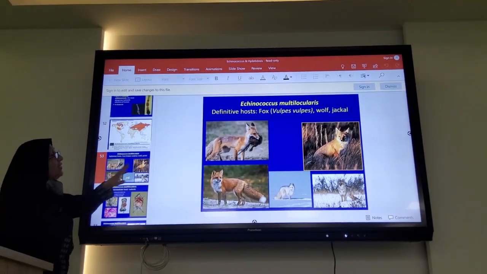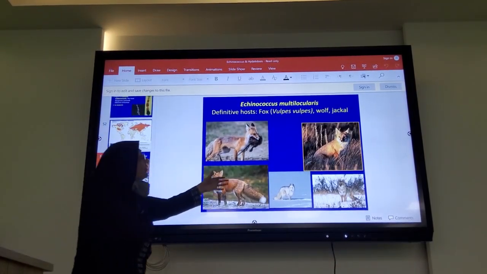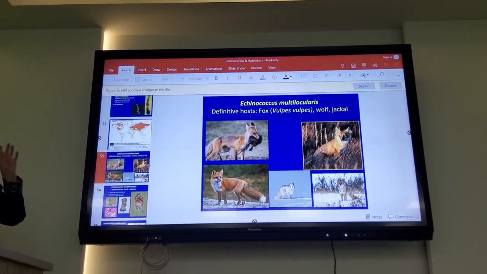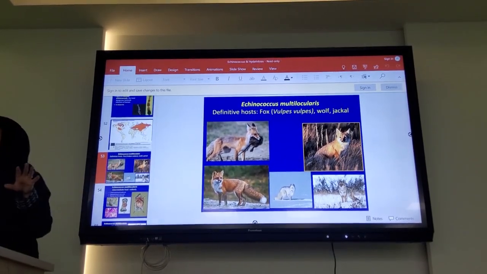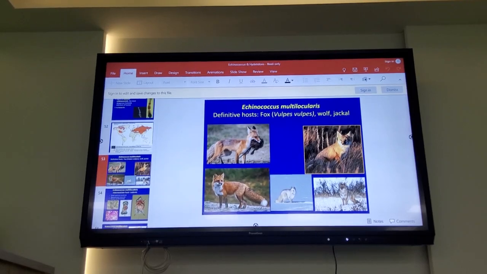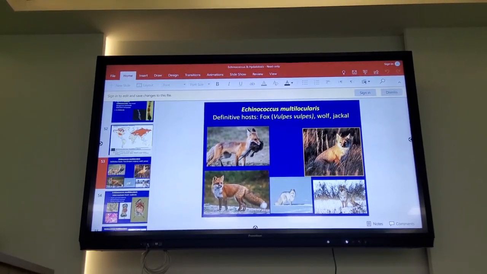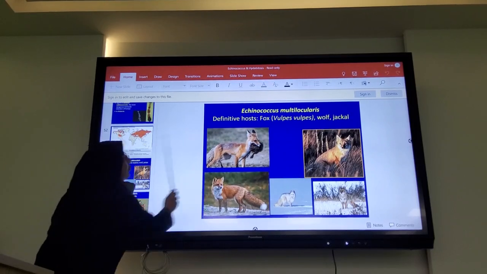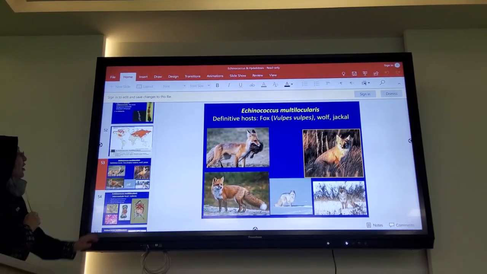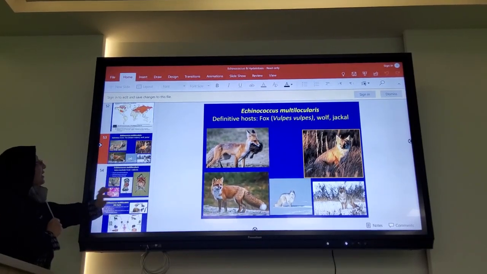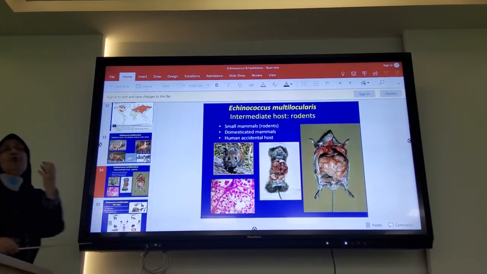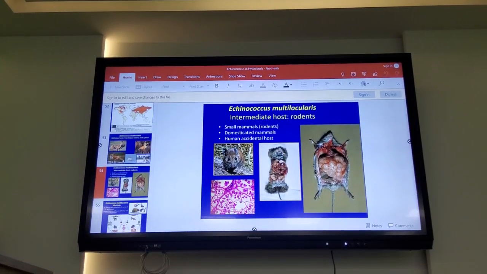So the definitive host is fox and also other canids like dog, okay? One of the most important things about the life cycle of these parasites is that intermediate hosts are small mammals, especially rodents, okay? So because the intermediate hosts are rodents, human cases are very rare.